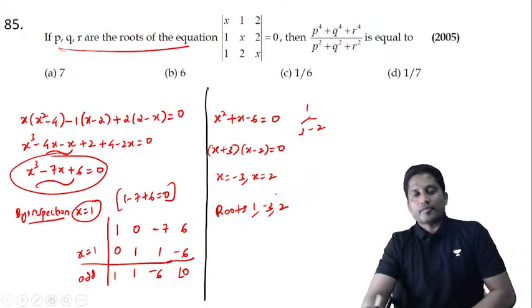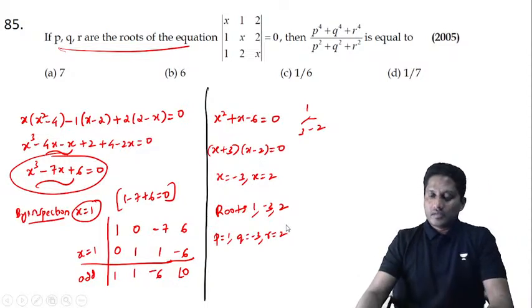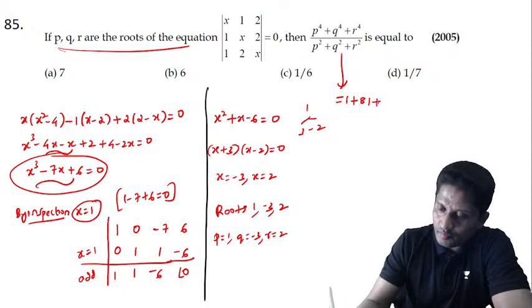You can take them in any way, no problem. So P is equal to 1, Q is equal to minus 3 and R is equal to 2. If I substitute here, 1 power 4 is 1, minus 3 power 4 is 81, 2 power 4 is 16. P square is 1, Q square is 9, R square is 4.